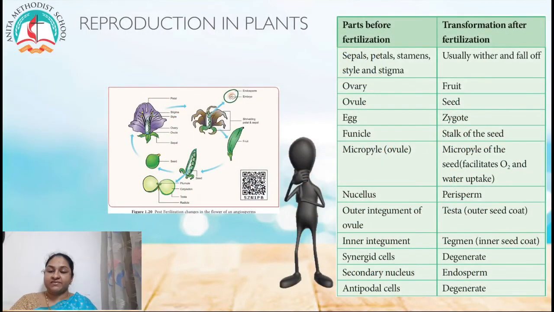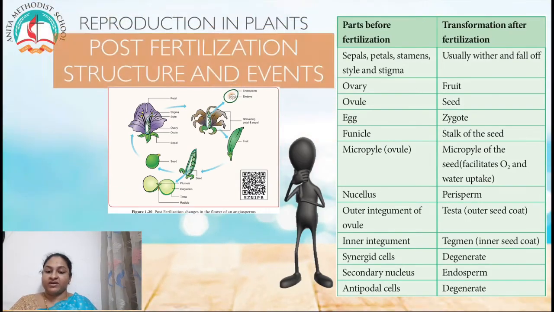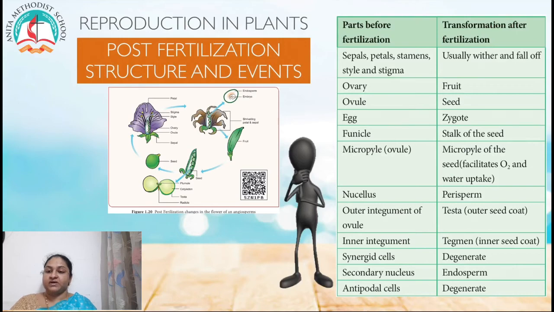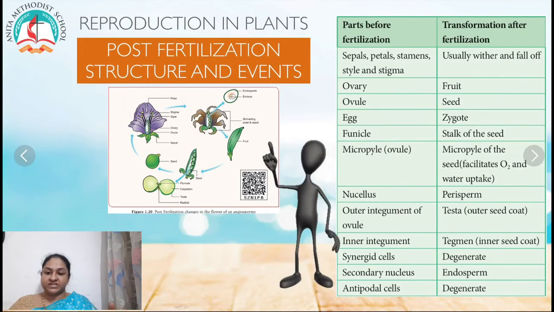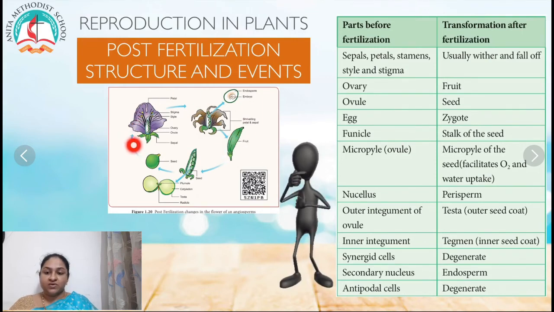Here we have post-fertilization changes in the flower of an angiosperm. The parts before fertilization, and how they are transformed after fertilization. The sepals, petals, stamens, style and stigma are there, and after fertilization usually they wither and fall off.